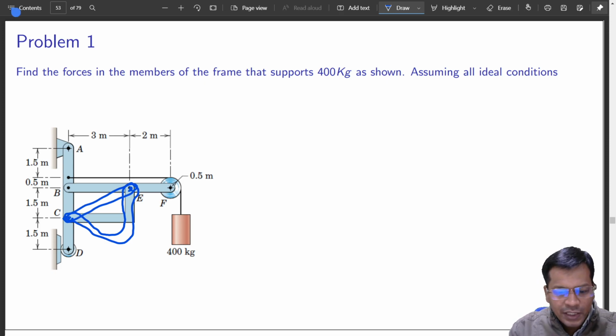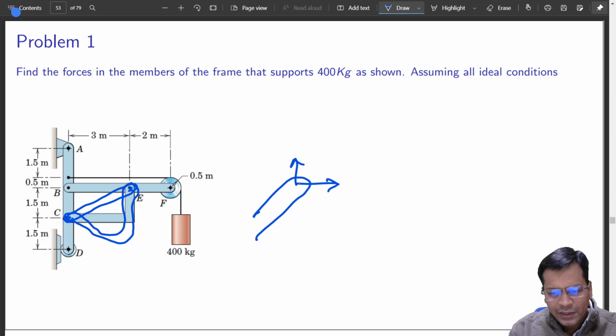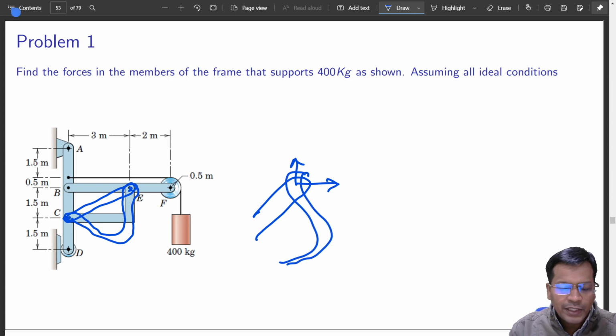Okay, the resultant force at E is something like this, and it is the same for a straight link, it is the same for a curved link, which can be like this. So that you should understand functionality-wise. It has to carry the same load.